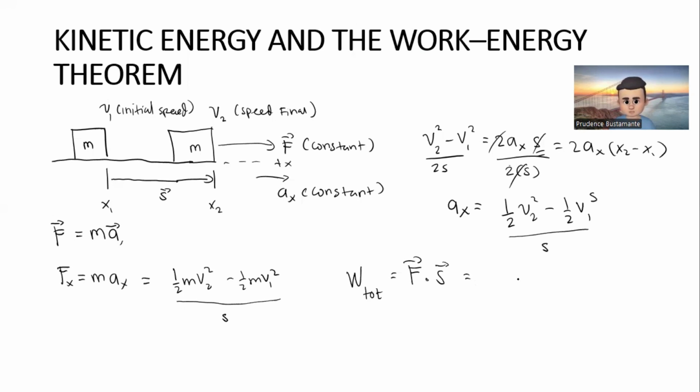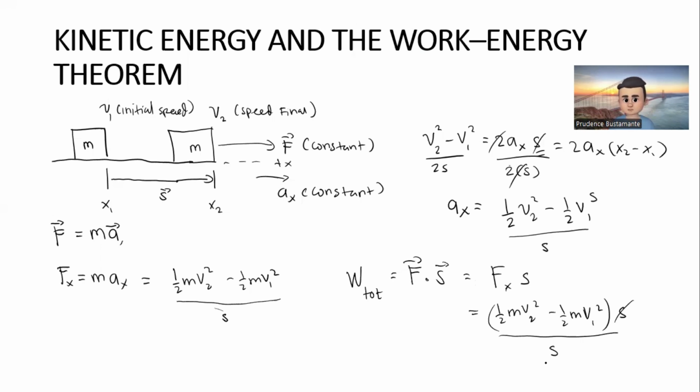So we have Fx times the displacement s, which is now equal to 1 half mv2 squared minus 1 half mv1 squared over s, multiplied by s.